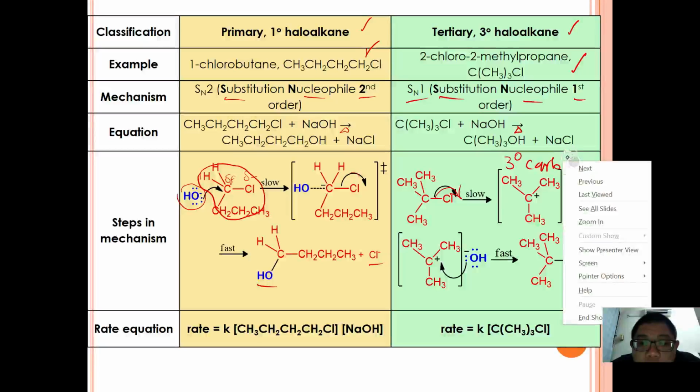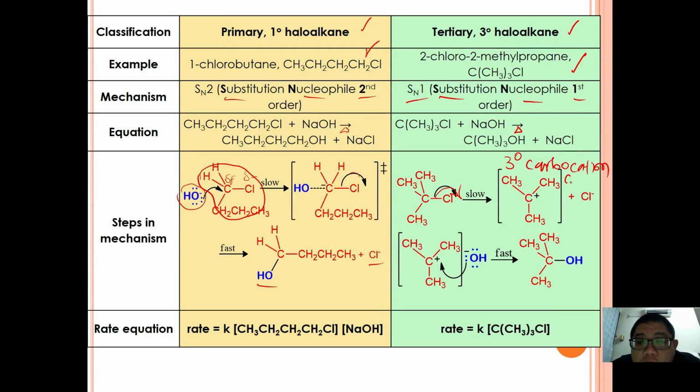It is able to form a tertiary carbocation, which is actually stable. This gives the reason why, in the second step, the OH minus attacks the stable tertiary carbocation and finally forms the alcohol 2-methylpropan-2-ol.